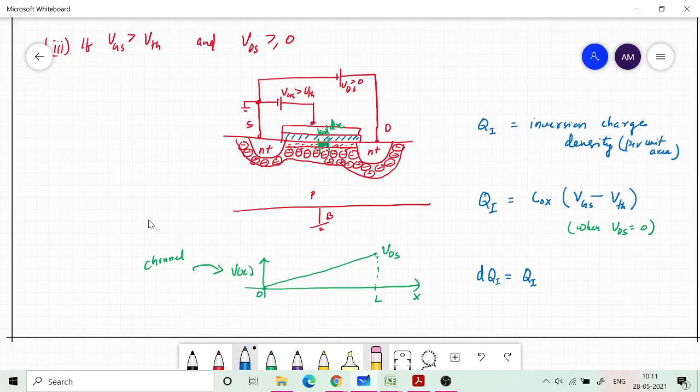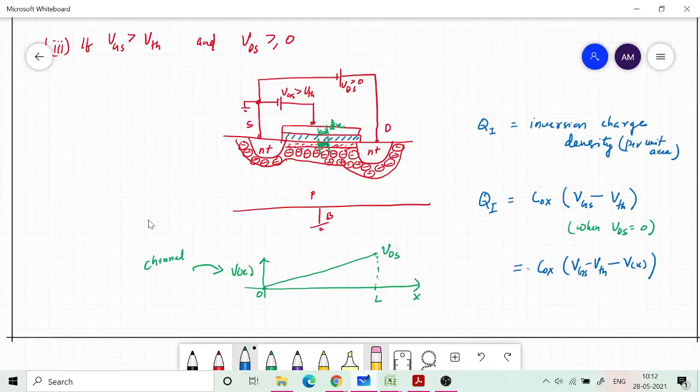Here I have written an expression which is the case for VDS equal to 0. Now if I apply a potential, there is going to be a channel potential which I need to take into account. So when the channel potential is there, I need to modify this equation. This is going to become VGS minus VTH minus V.